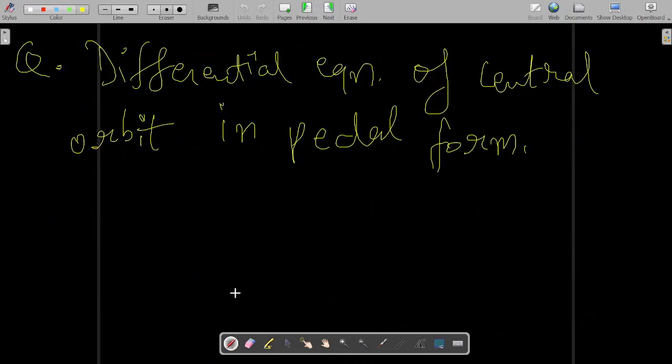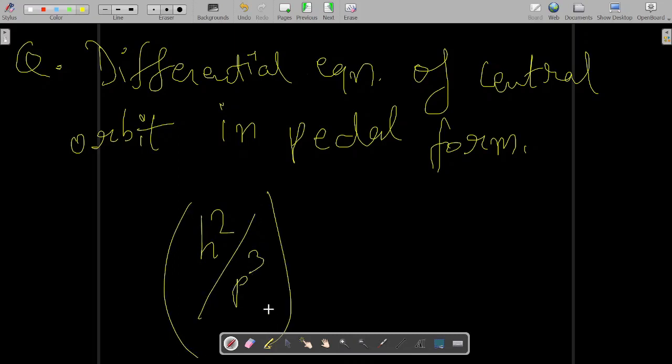In pedal form, we have h square divided by p cube multiplied by dp by dr is equal to f. We have to derive this.